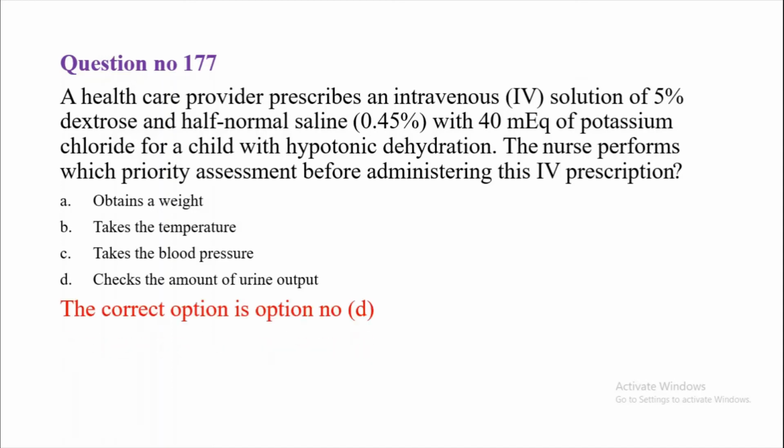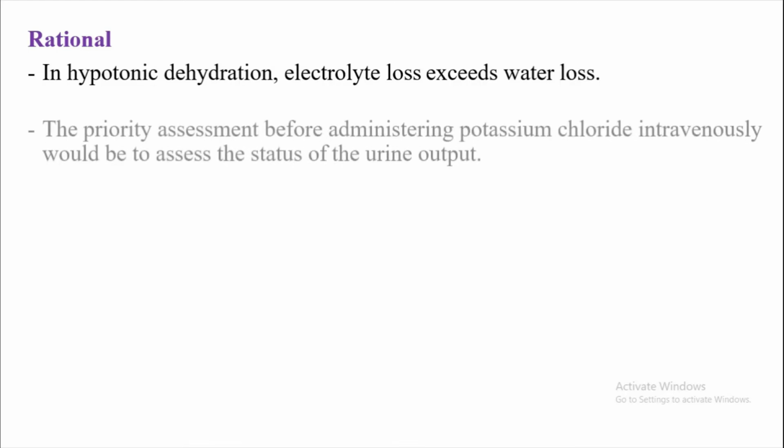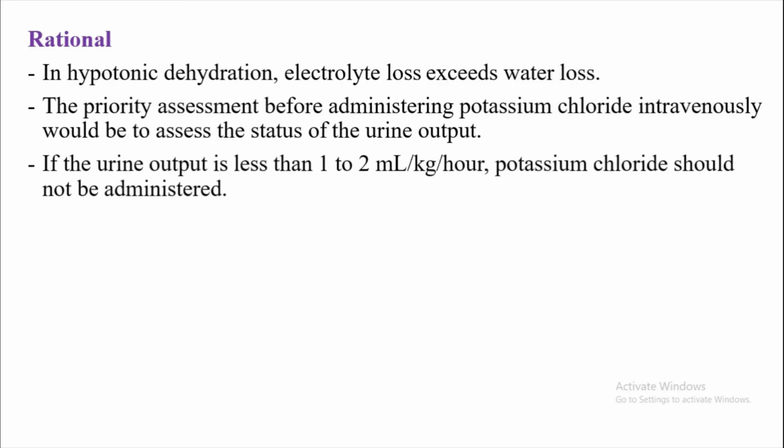The correct option is option number D. Check the amount of urine output. Let's see the rationale. In hypotonic dehydration, electrolyte loss exceeds water loss. And the priority assessment before administering potassium chloride intravenously will be to assess the status of the urine output.